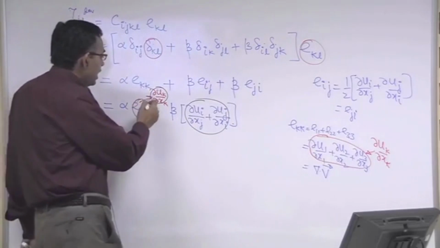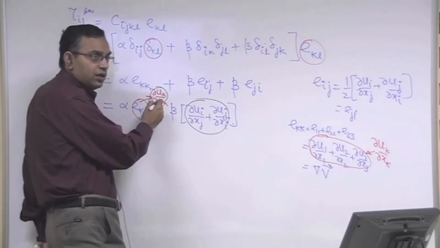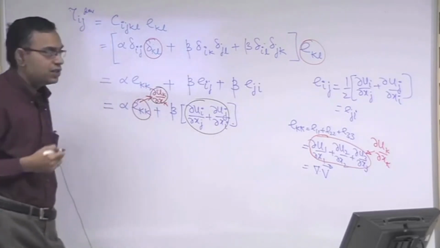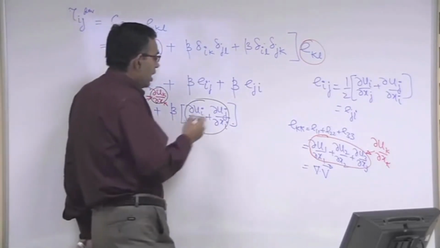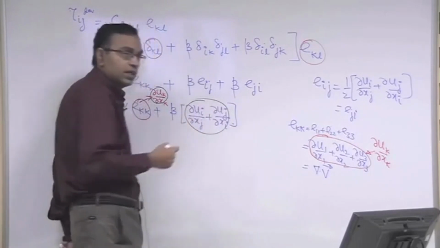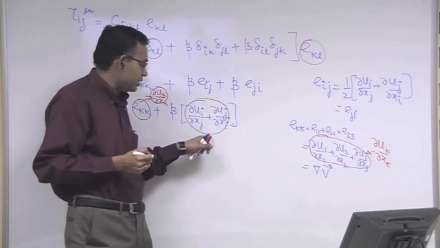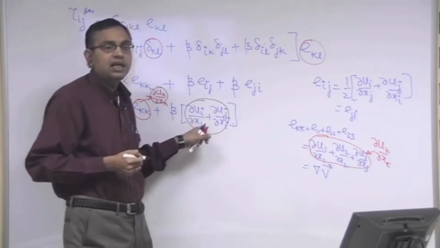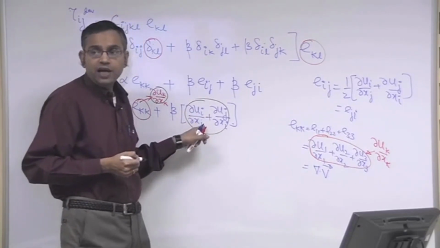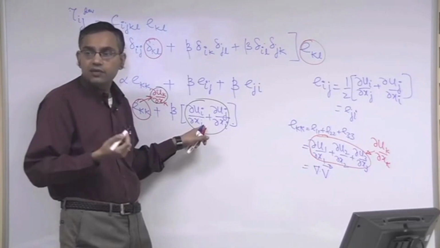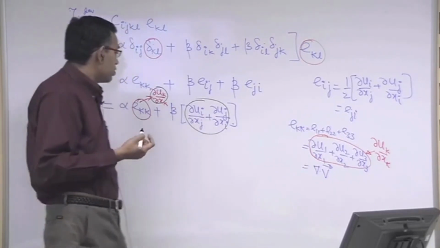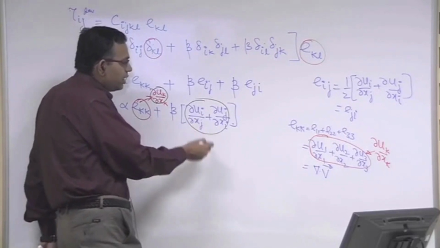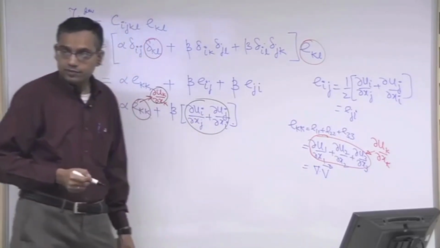So, this term relates to the compressibility of the flow, the volumetric dilation within the flow, and this other term relates to the deformation, linear or angular. If i is equal to j, this is linear deformation, and if i is not equal to j, that is shear or angular deformation. So, this is related to volumetric deformation, and this is related to linear or angular deformation.